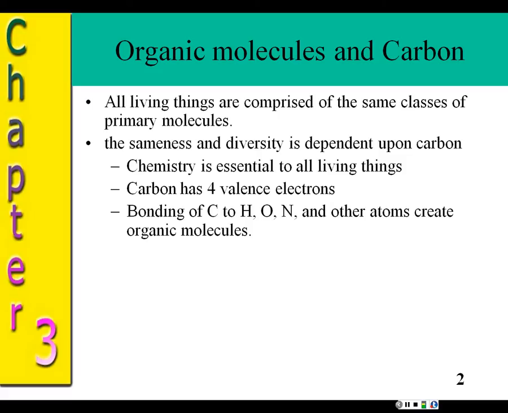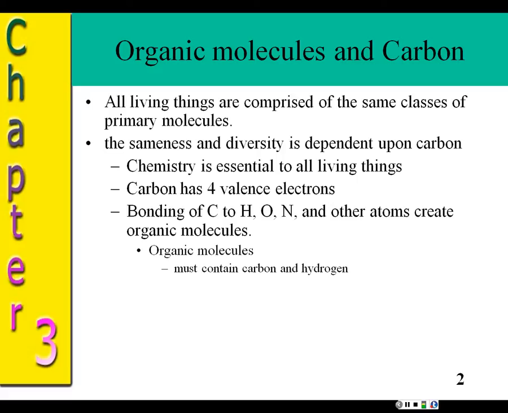If you look on page, see if they give you this in your textbook. Doesn't look like it. Nope, they don't. But if you wanted to compare the difference between things that we consider to be organic and things that we consider to be inorganic, anything that we consider to be living has to have carbon and hydrogen.